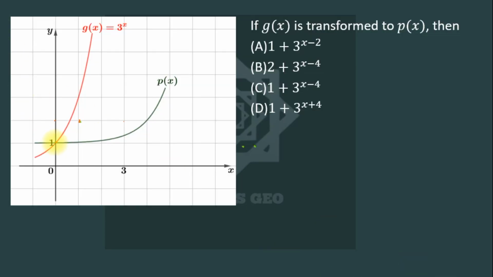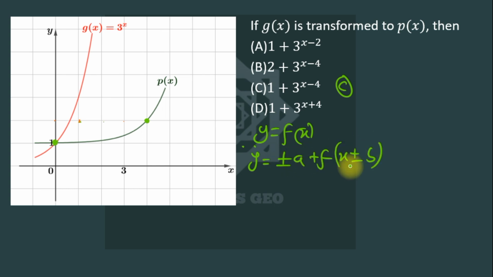So this is a very important point in an exponential graph. If I move 1 unit up and move 1, 2, 3, 4, I get another grid line. So we see that the answer will be C, yes. Because if you have a function f(x) and you have another function plus or minus a, plus f(x) plus or minus b, if I shift vertically, that's a.